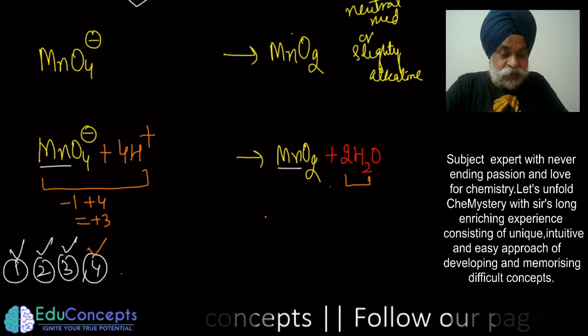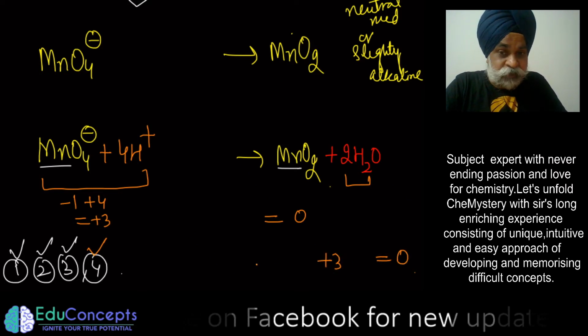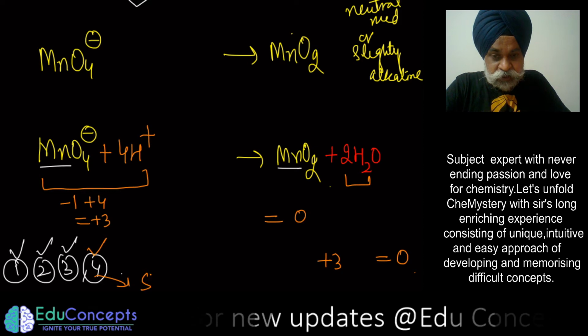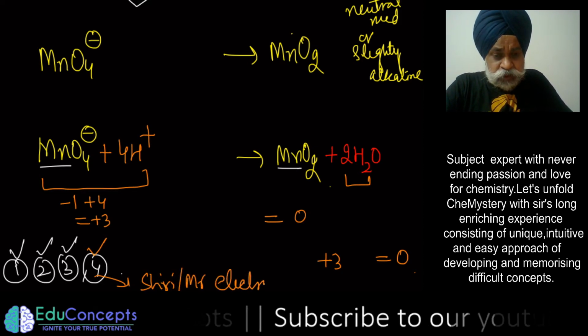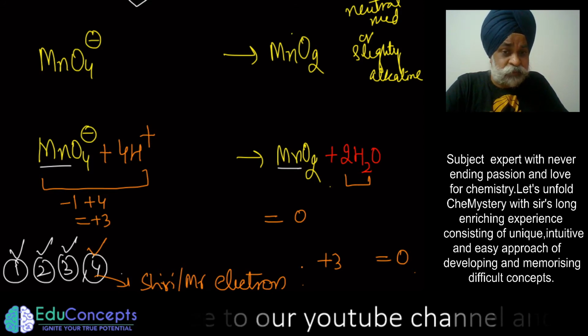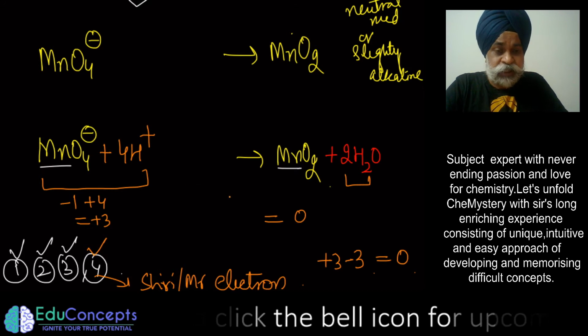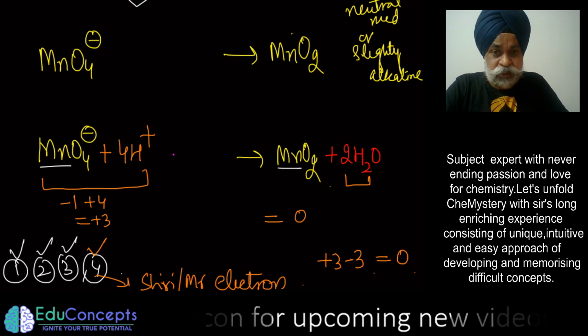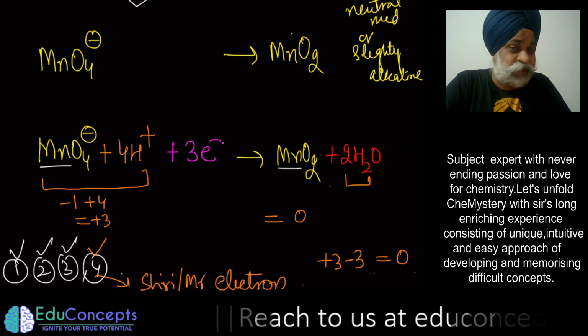And here you have 0 charge, so you want to equate plus 3 to 0 with the help of electrons. What is the charge on an electron? -1. So I should put -3 here so that it can become 0. So I placed 3 electrons here. Now see here, the reaction has balanced in the acidic medium itself.